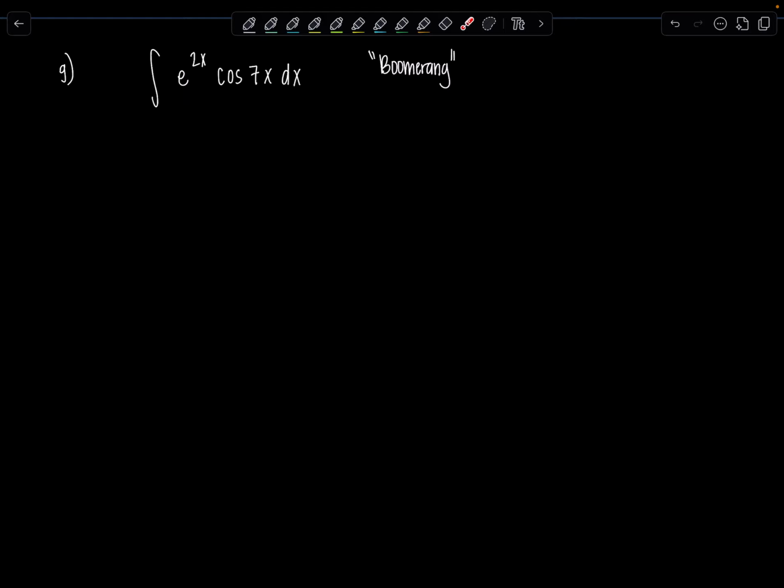I'm just going to set it up so that u is e to the 2x and dv is cosine 7x dx. But you could do it the other way around, believe it or not. Okay, du, don't forget the chain rule, 2e to the 2x dx. And then v would be, very good, 1/7 sine 7x.